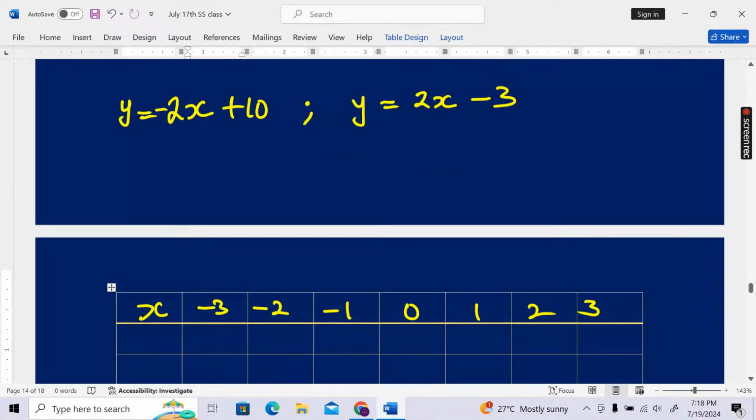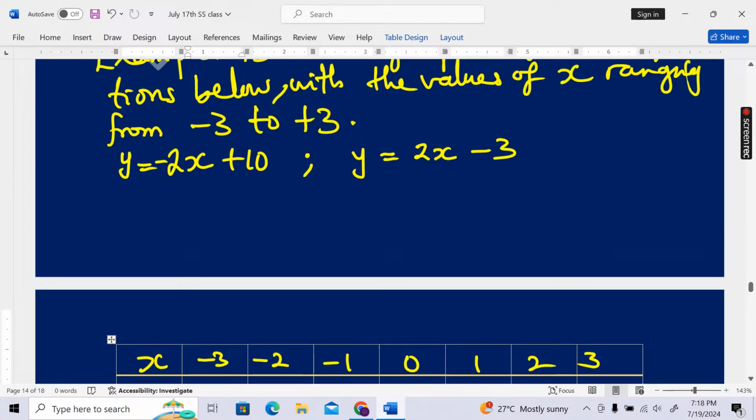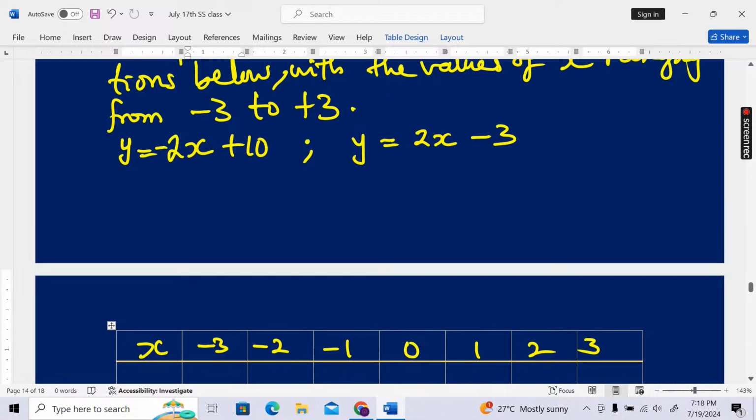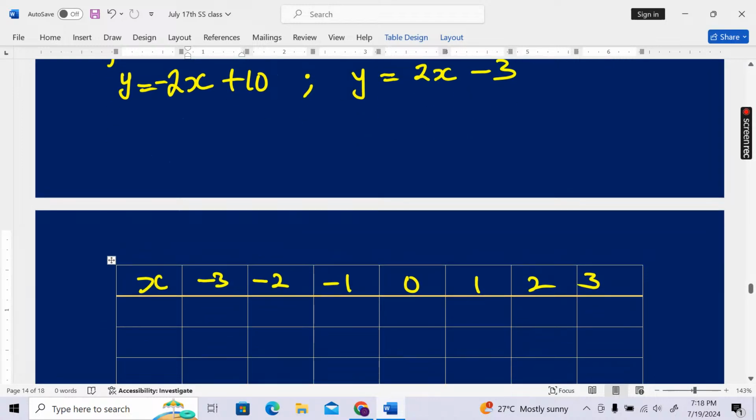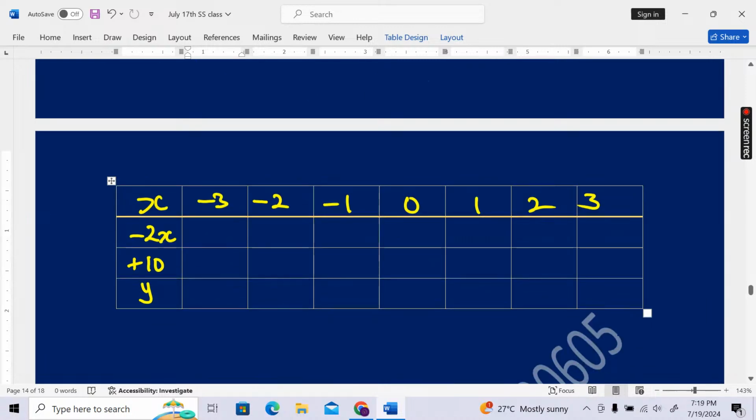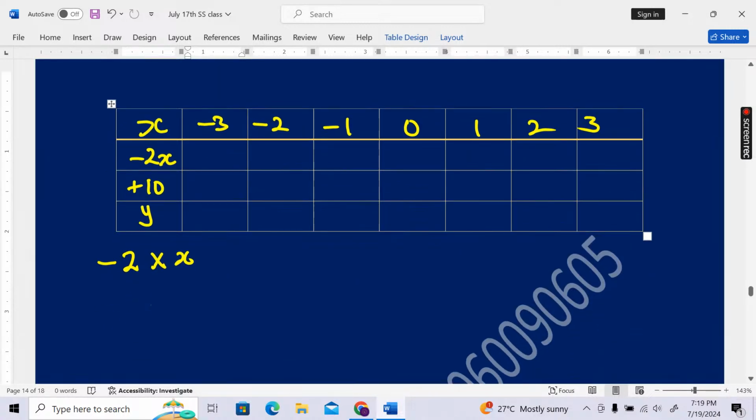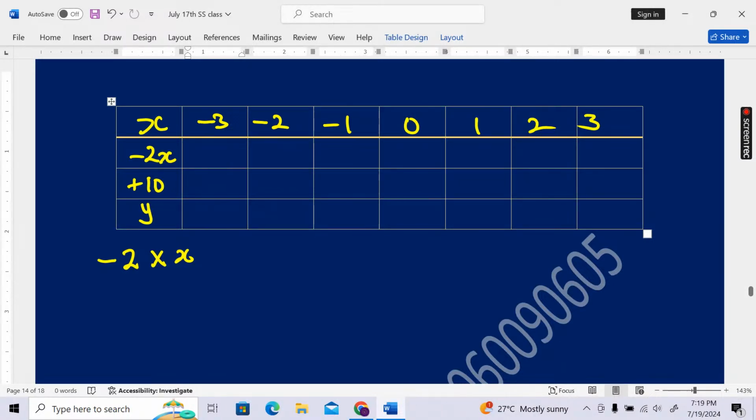Then to my left side, you're going to write out the values of the expression with the value of y. You're going to arrange these terms right here. So we have minus 2x plus 10, then y. With this, we can start doing the calculation. Minus 2x means minus 2 times x, and we are going to substitute x with the value of x.